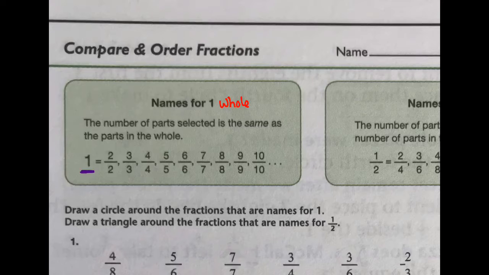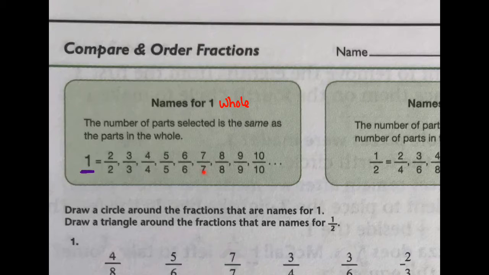Okay, what do you notice about those? What have we been talking about? Well, for it to be a whole is represented by the same top number as the bottom number. So even if I have 100 million on the top number, that means my bottom number has to have 100 million in order for it to be a whole.